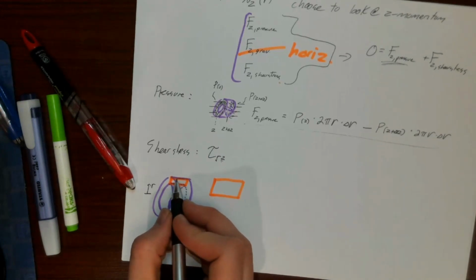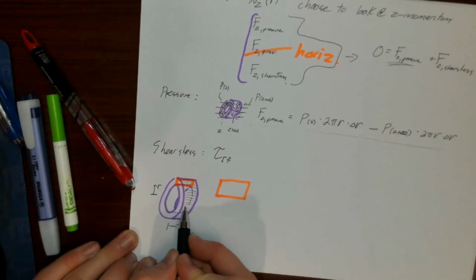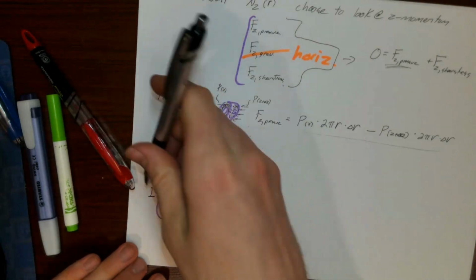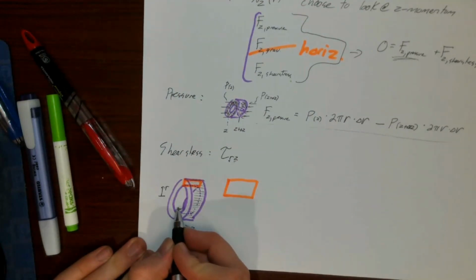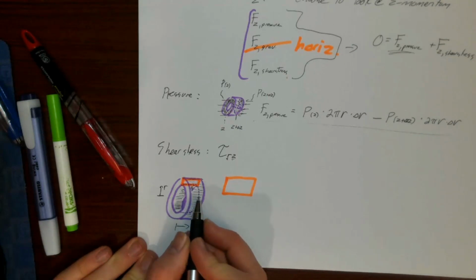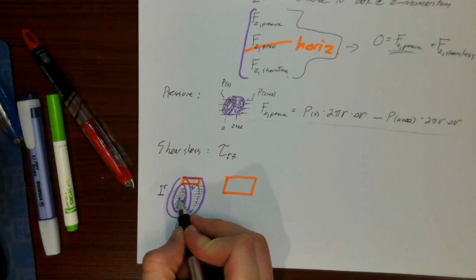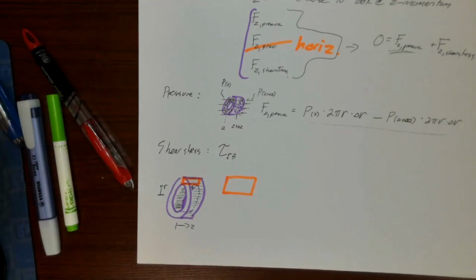So basically I'm going to have some shear stress on this outer surface, and I'm also going to have some shear stress on this inner surface. So tau rz is going to act on this outside surface, and it's also going to act on this inside surface.